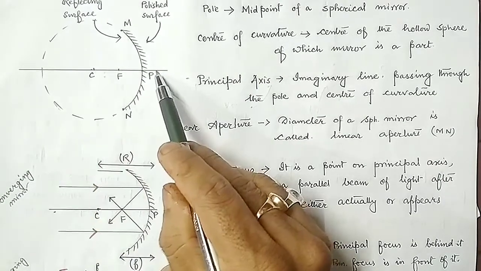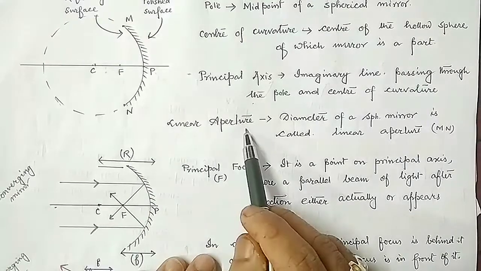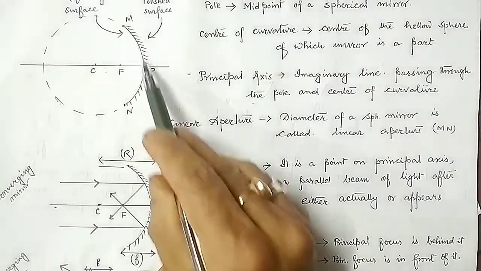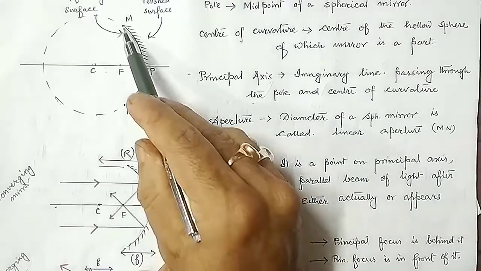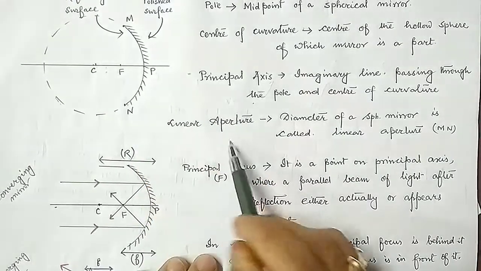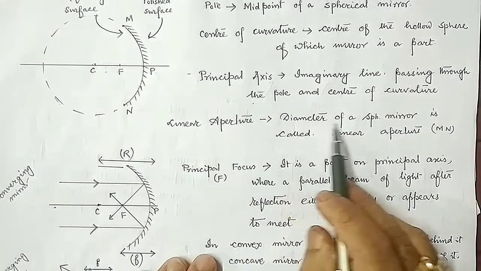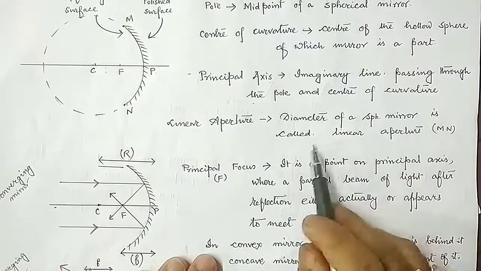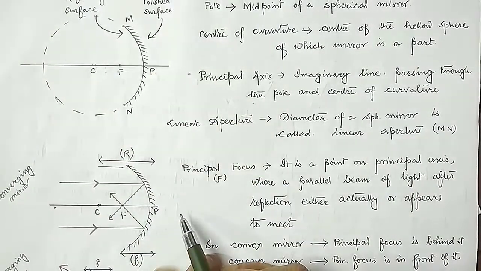Those lines are called principal axis. Clear? Next term is a linear aperture. Linear aperture means, suppose this is the mirror. Linear distance between M and N is called the linear aperture. Definition wise, we say the diameter of a spherical mirror is called the linear aperture. In this case, MN is the linear aperture.